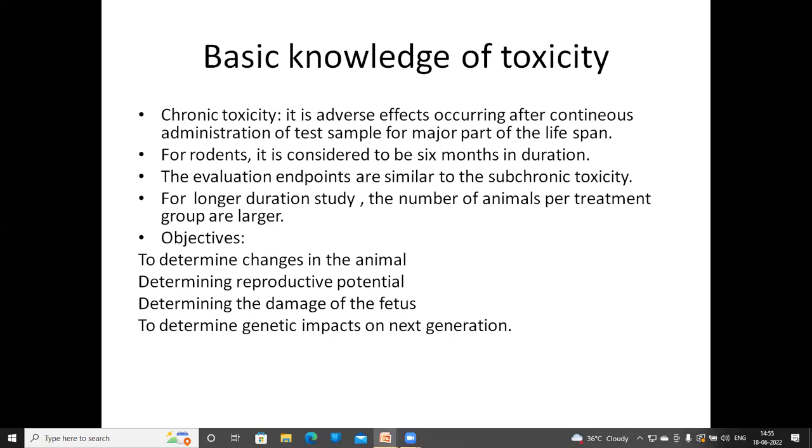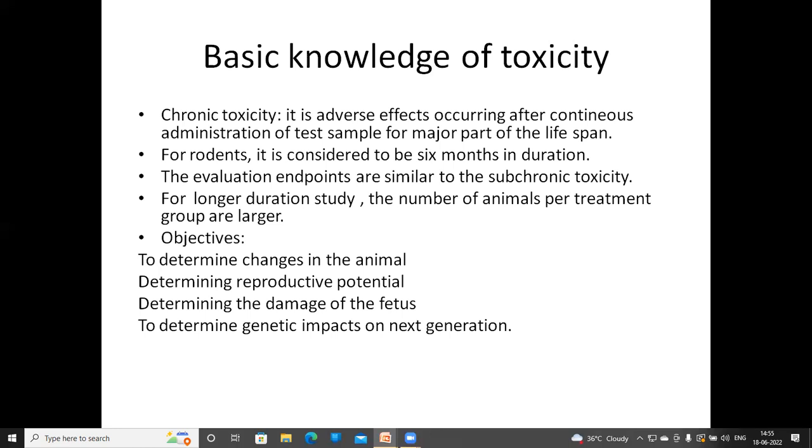Then what are the objectives of this chronic toxicity study? The main objectives are to determine changes which occur in the animal, and to determine the reproductive potential of the animal, meaning whether they can produce offspring perfectly after using these drugs.